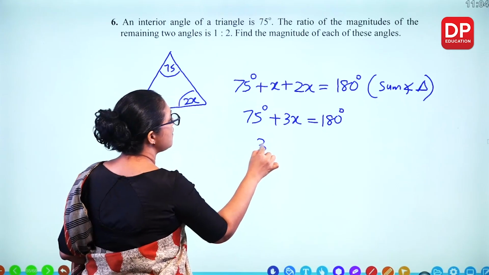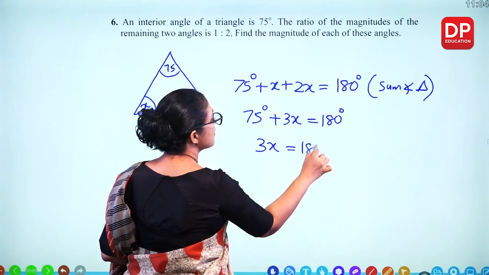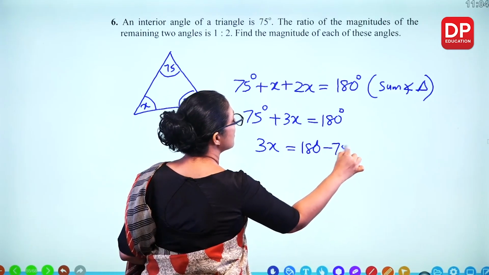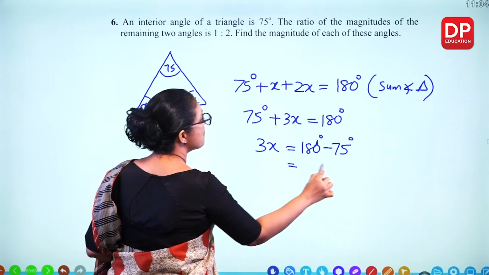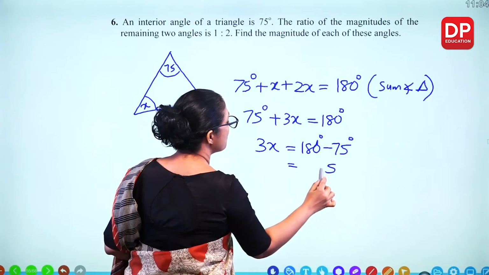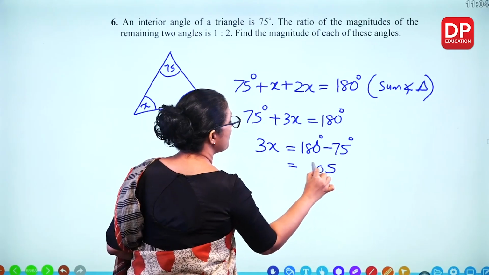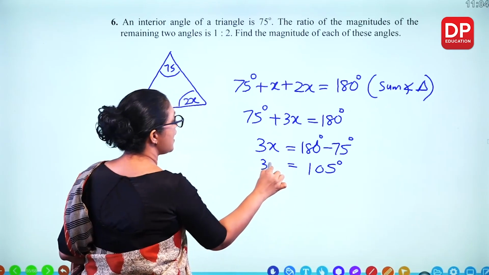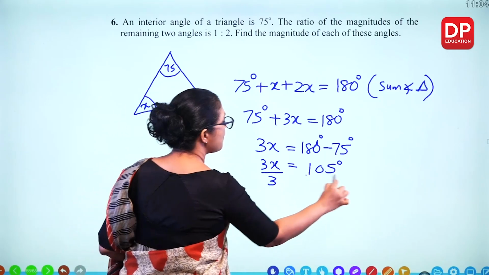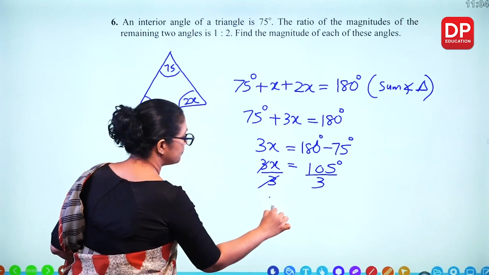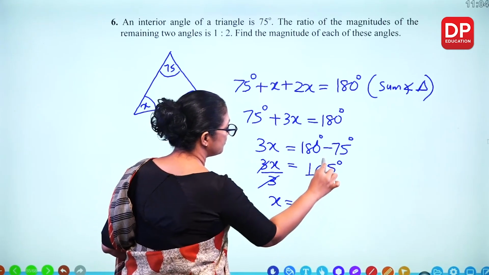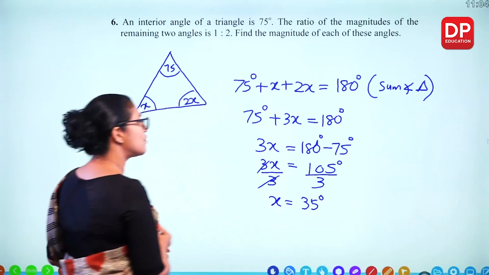Subtract 75, you get 105 for 3x. Divide this by 3. You get 35.